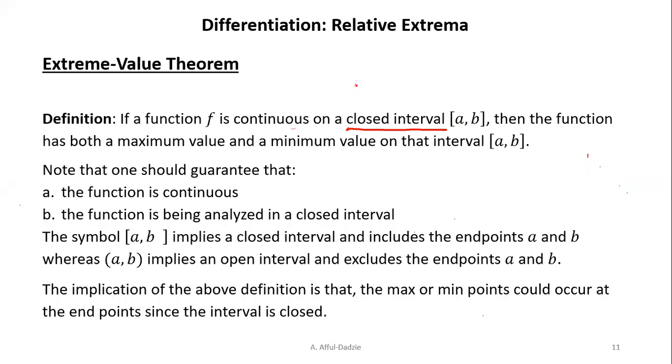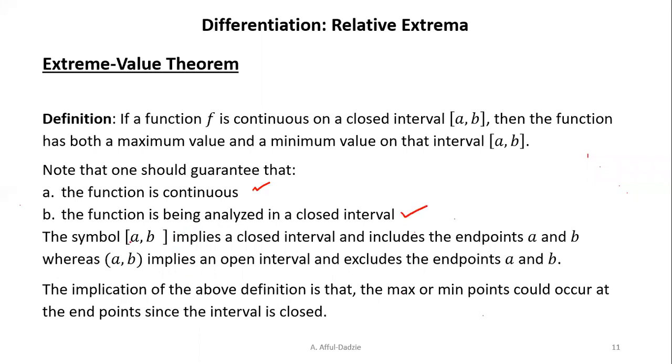On a closed interval, mathematically we represent it like this. Note that one should guarantee that the function is continuous and the function is being analyzed in a closed interval.